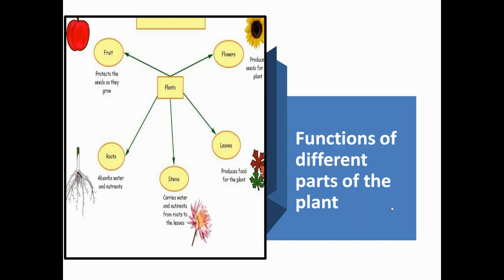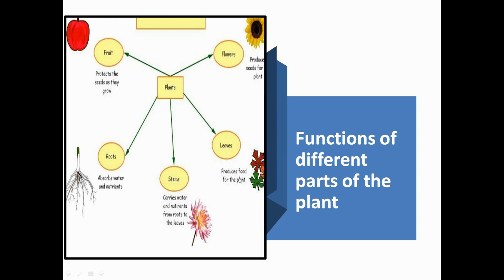Next is, again, a recapitulation of functions, as each and every part of a plant is very important. As we already studied the functions of a plant, once again we recall all these functions. Fruit protects the seed as it grows. Flower produces seed for the plant.